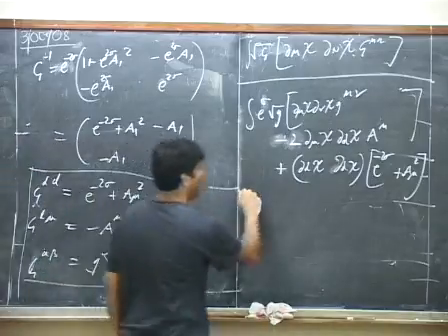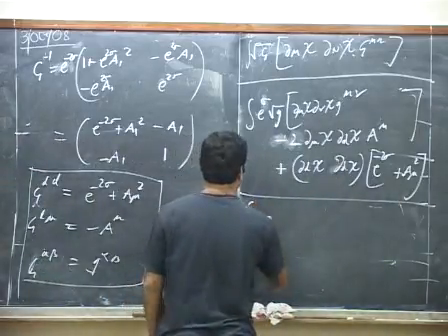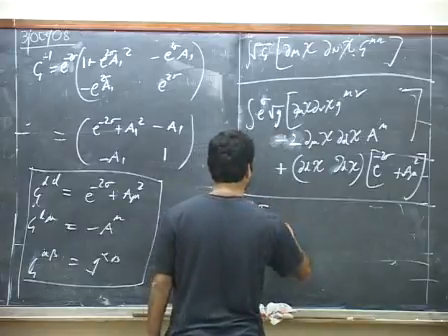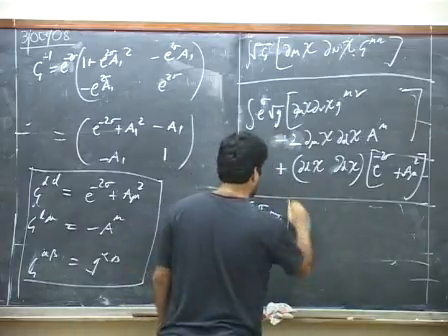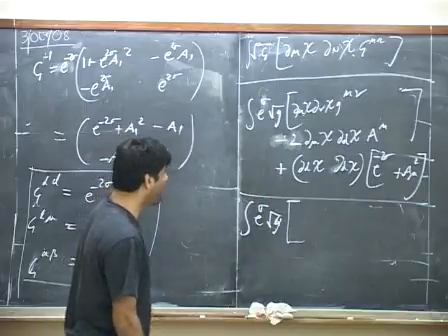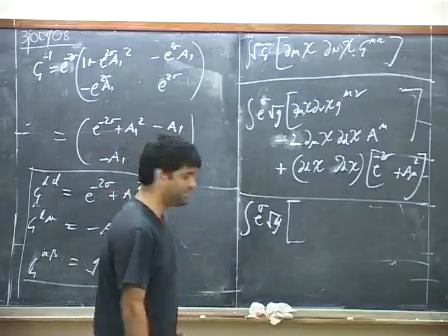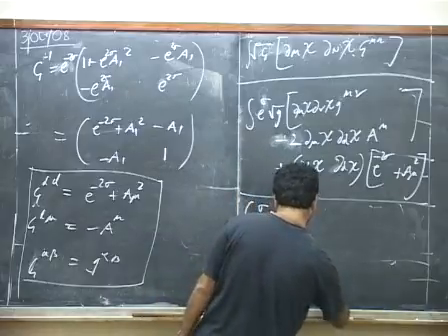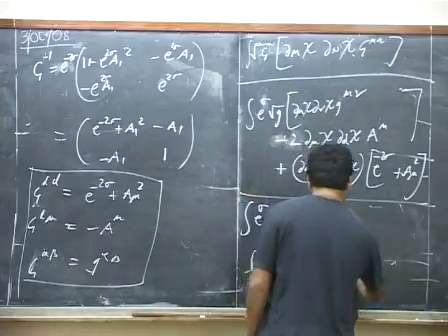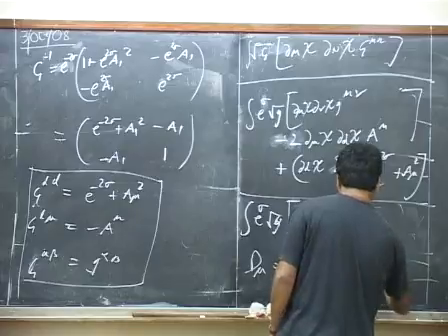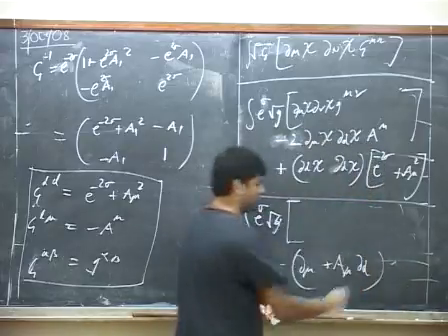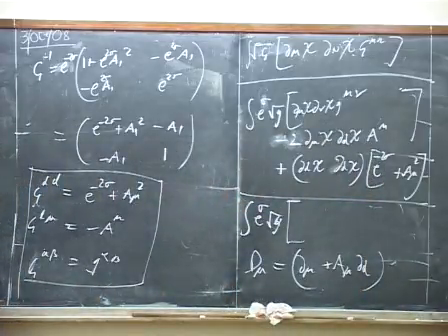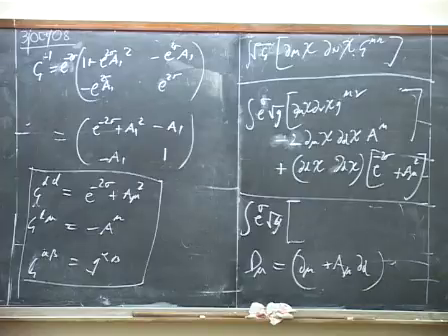Okay, but this can be written as the integral of e to the power sigma square root g times, now I define a new derivative. Let me define D mu is equal to del mu plus a mu times del d. Or minus.